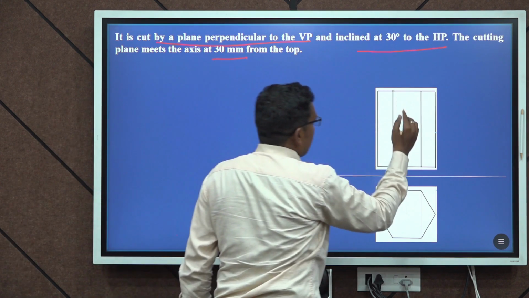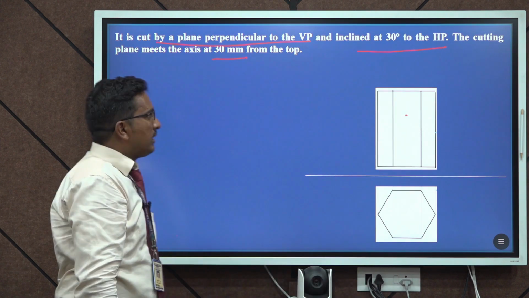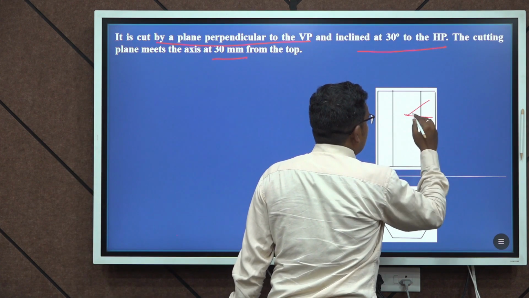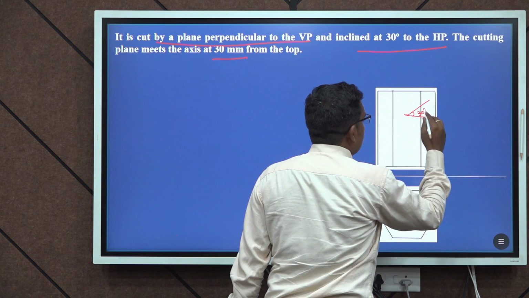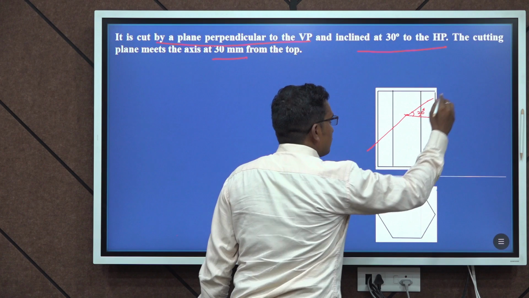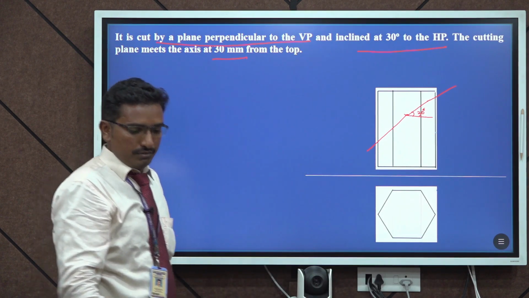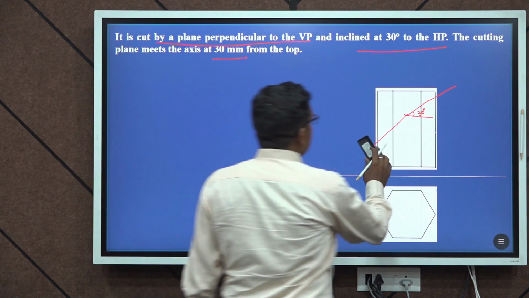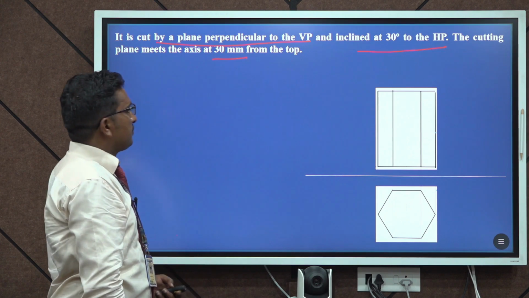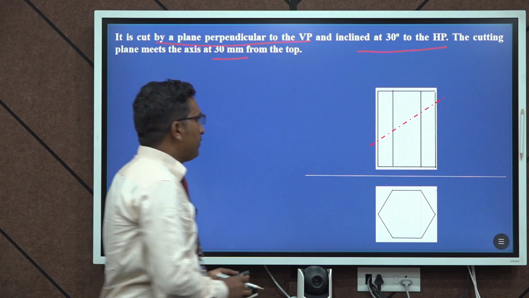So from the top you have to locate 30 mm like this, and then they have given 30 degrees to the HP, and then we have to extend this line. So we have located the sectioned view. Now I have shown the sectioned view.